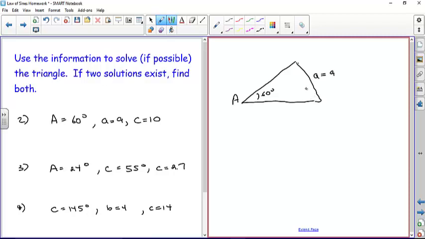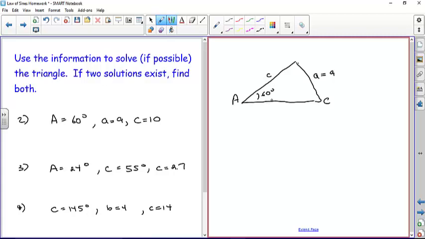And then we have side C, but what we can do is call this angle C. So this is side C, just so it fits the diagram, the ambiguous case, because we're given two sides and an angle.